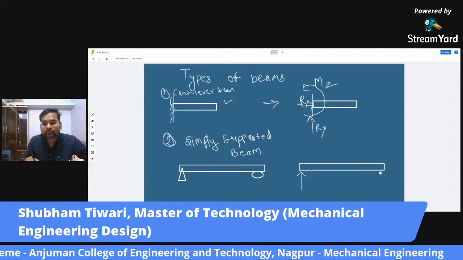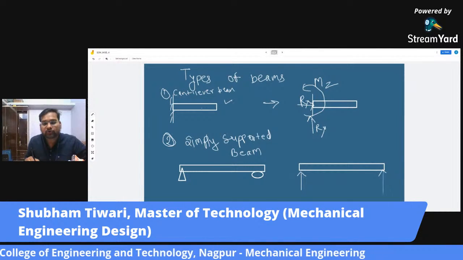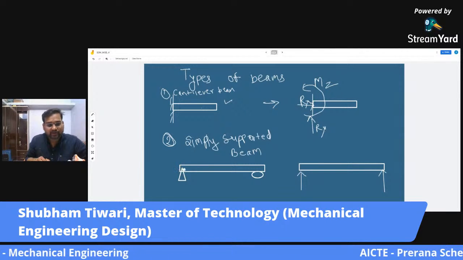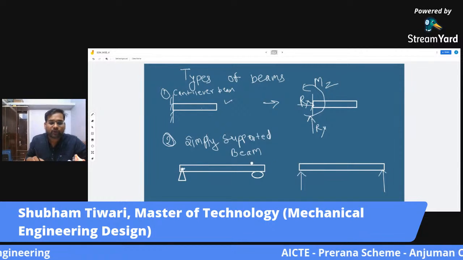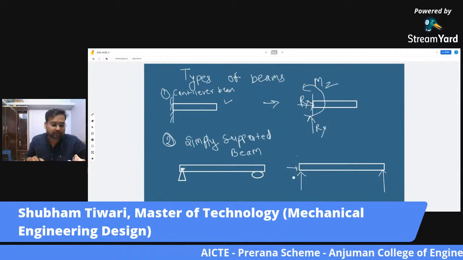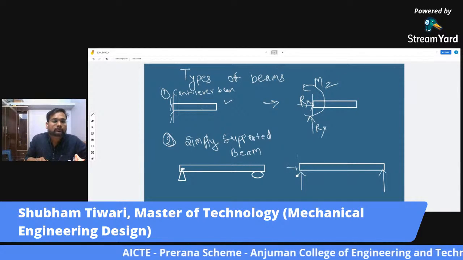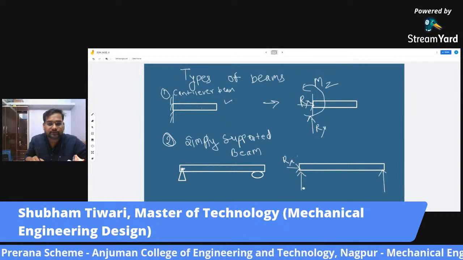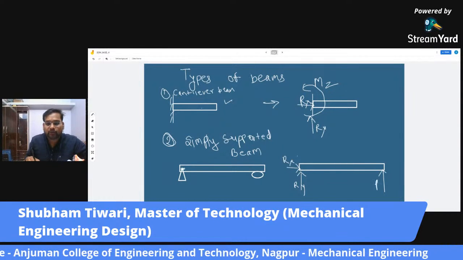Again, for the roller support we have one reaction, and for the hinged support we have one additional reaction which is acting in the x direction: Rx, Ry, Ry.